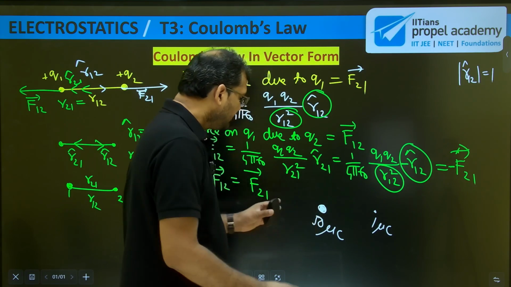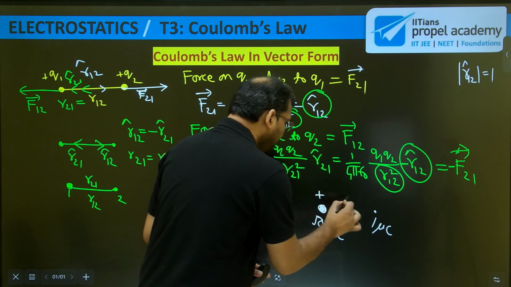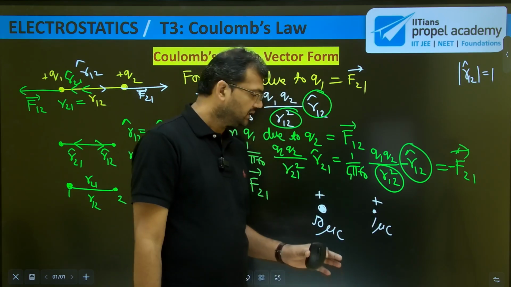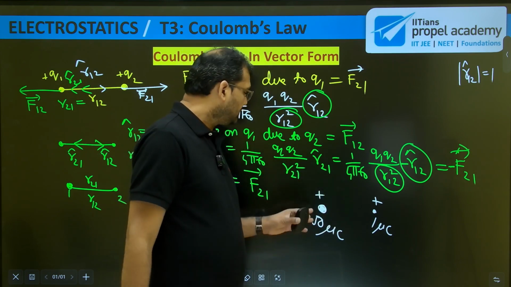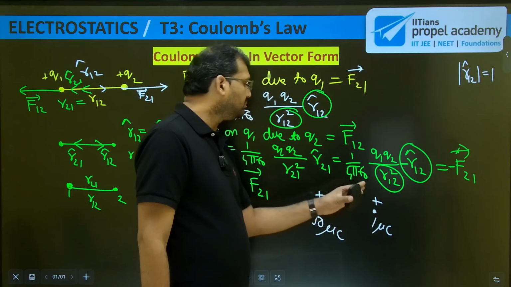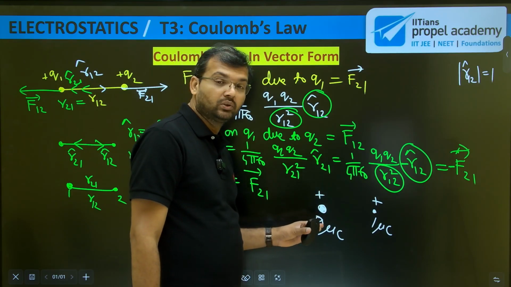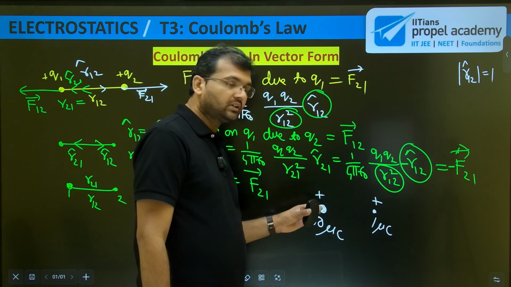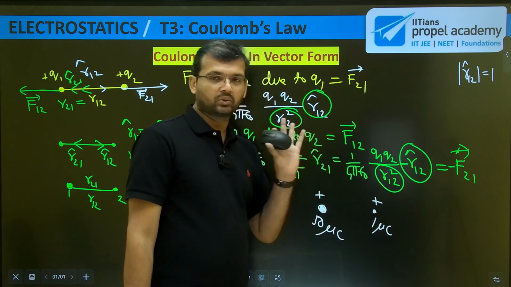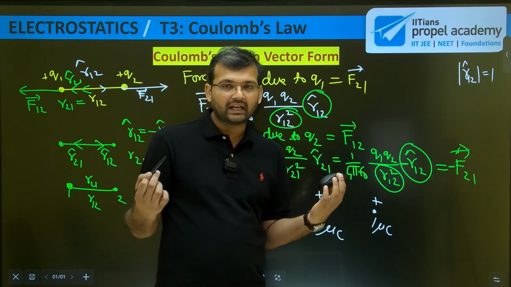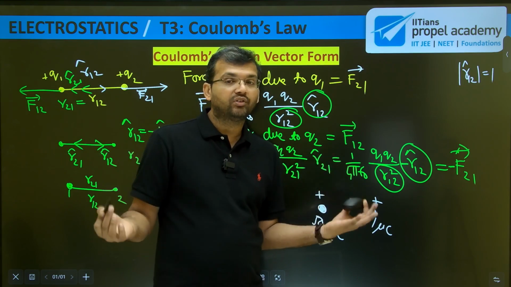Now, let's say both are positive, so you have a repulsion. 1 microcoulomb is repelled by 50 microcoulomb, and 50 microcoulomb is also repelled by 1 microcoulomb. Now which one will repel with more force?